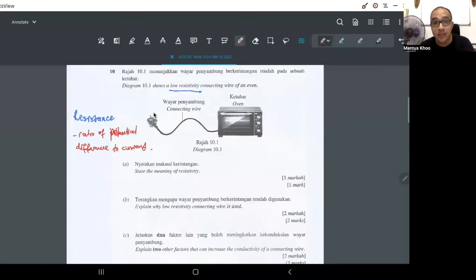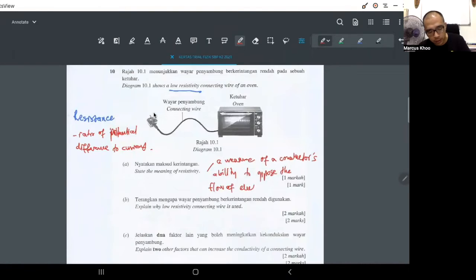But resistivity is a measure, satu ukuran, of a conductor's ability to oppose or to resist the flow of electric current.